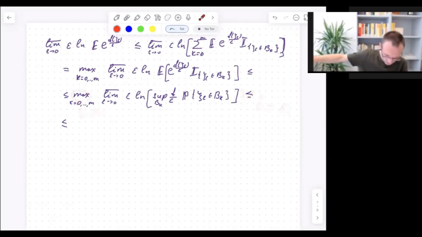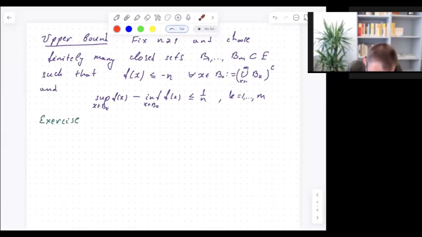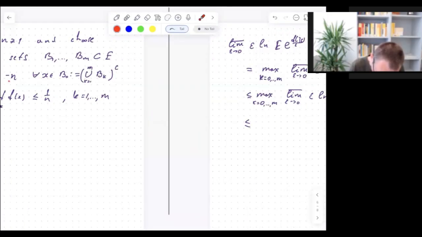So this k equal to 0 we will consider separately. The reason is that b0 is just everything that was left after you considered the closed sets bk. With the sets bk, we want to work as closed sets, and we want to use the upper bound in the large deviation principle for closed sets. And for b0, we will estimate everything differently, because for b0 you see that the function f of x is less or equal than minus n.